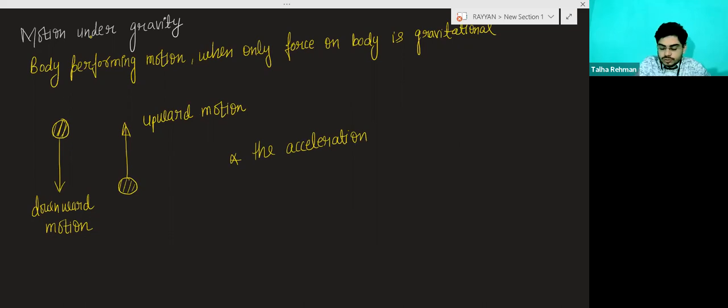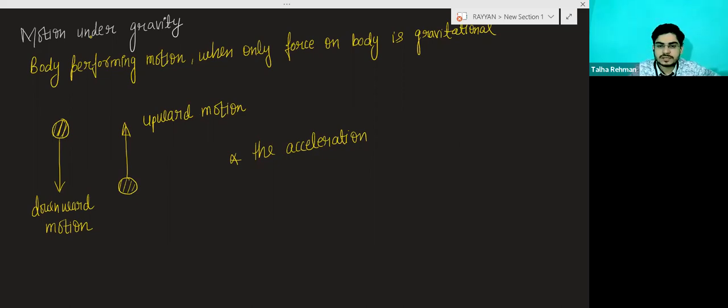Suppose you have thrown one ball in the upward direction. When the ball is going up, the acceleration of the ball will be g, small g. And when the ball is coming downward, then also the acceleration of the ball will be g.